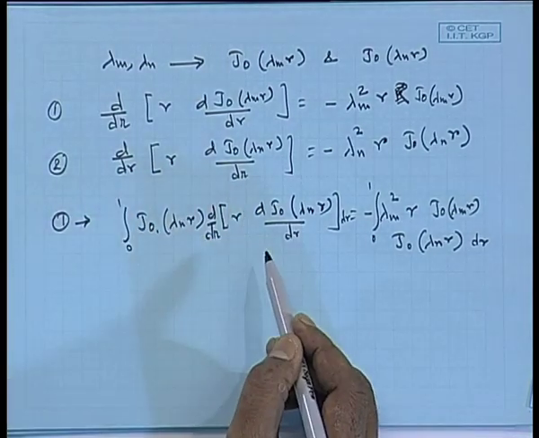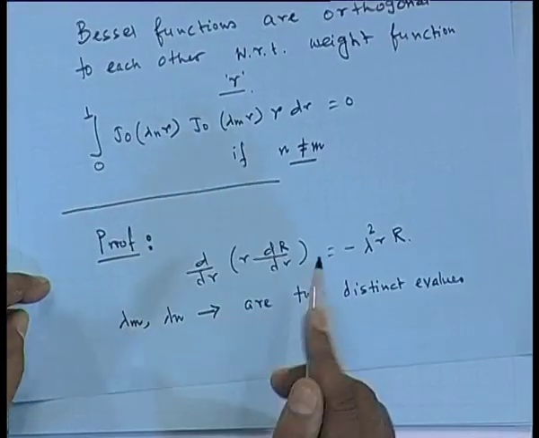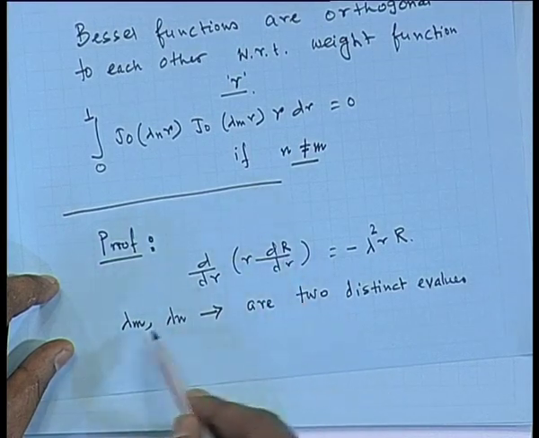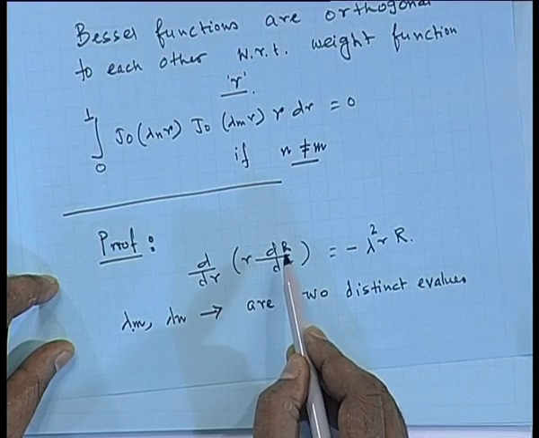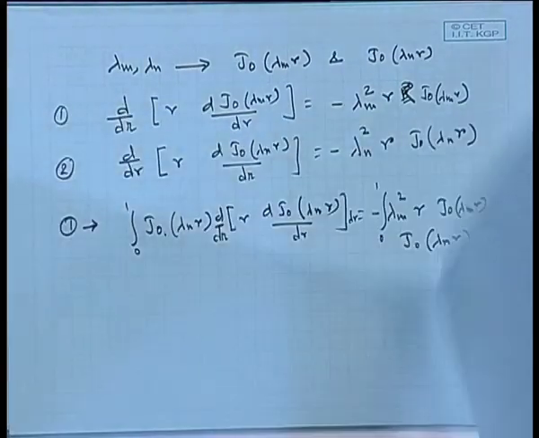This is the governing equation of the Bessel function in cylindrical coordinates, d/dr of (r dR/dr). Corresponding to λm, we will be having R equal to J0(λm r), and corresponding to λn, J0(λn r).